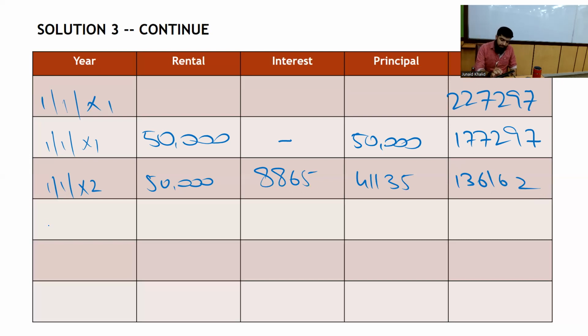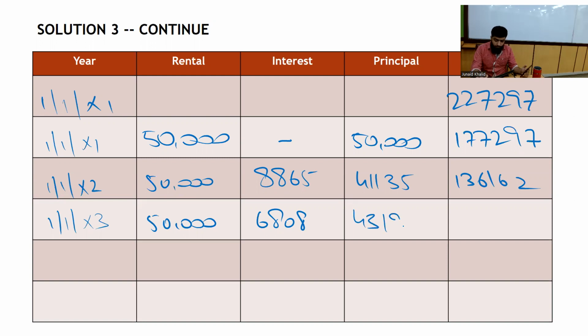Now again another rental would be paid at the start of year 3, that is 50,000 is the amount of rental, and again 136,162, that liability remains due for the whole year. Again 5% interest would be charged. 6808 is the amount of interest out of 50,000. If 6808 is the amount of interest, the remaining is 43192.